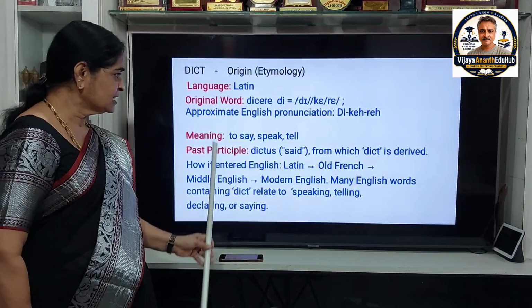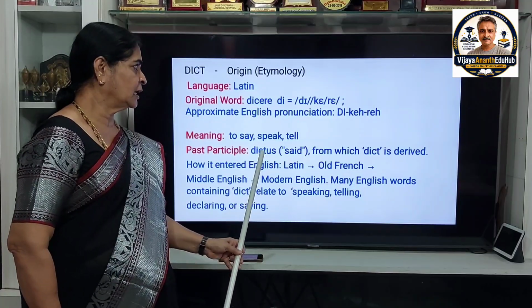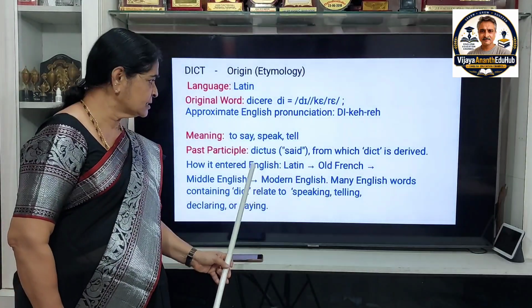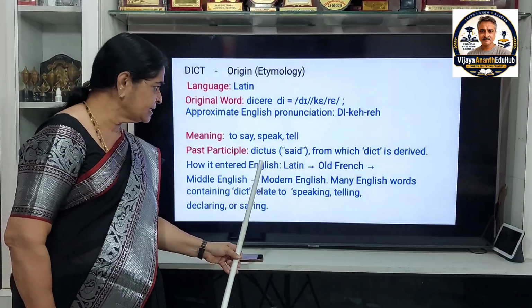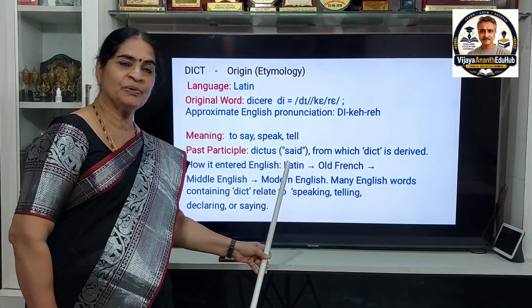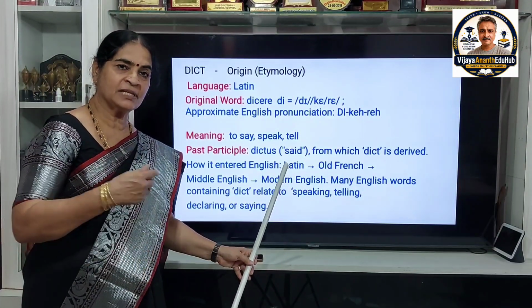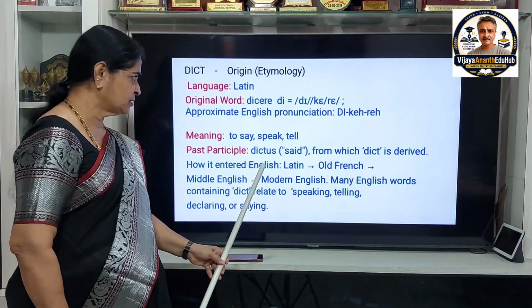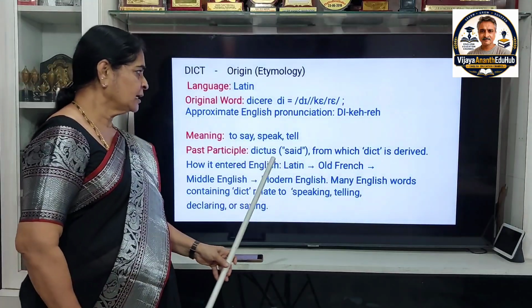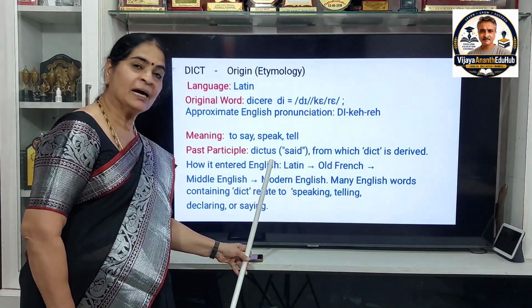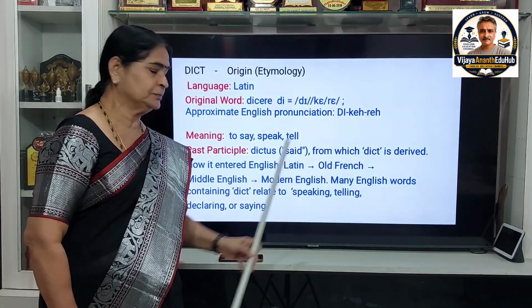And the past participle of dicere is dictus, DICTUS, which means said. Past participle of say: said, said. Actually, dict is taken from the past participle form of dicere.